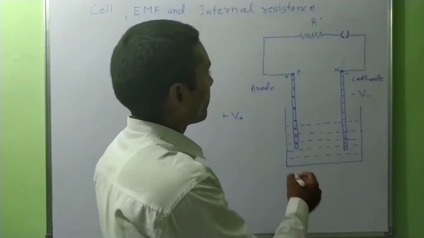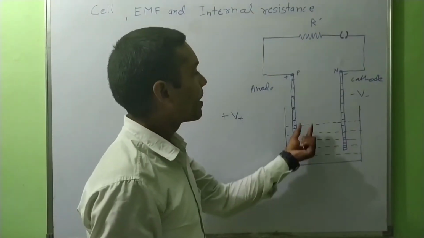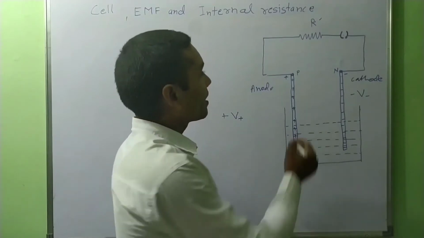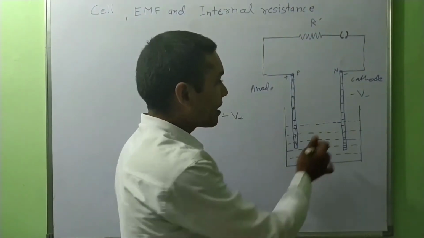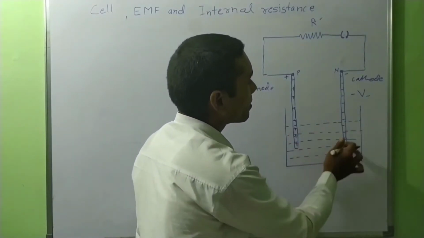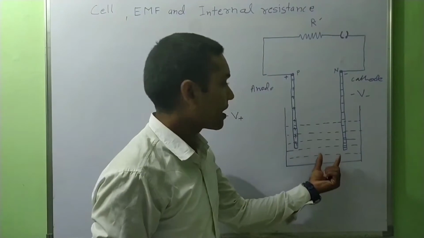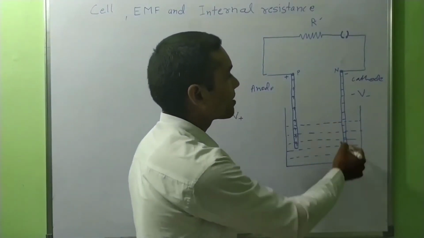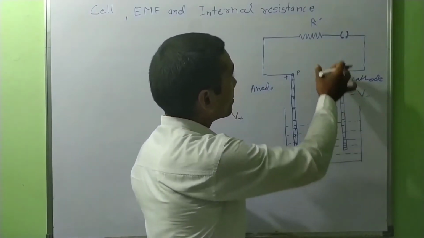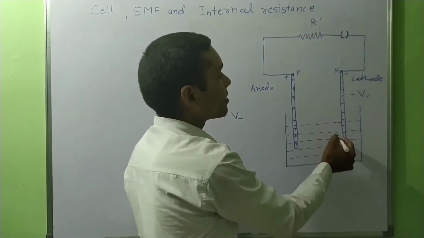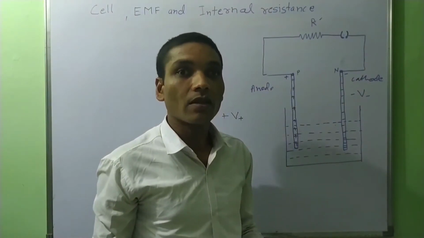Actually, when current is made to flow through the external circuit by the cell, electrons are flowing in the external circuit, and inside the cell, inside the electrolyte, when current is made to flow through the circuit, the electrolyte dissociates.